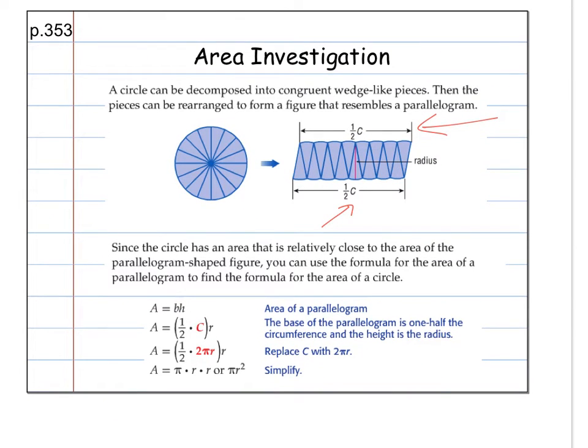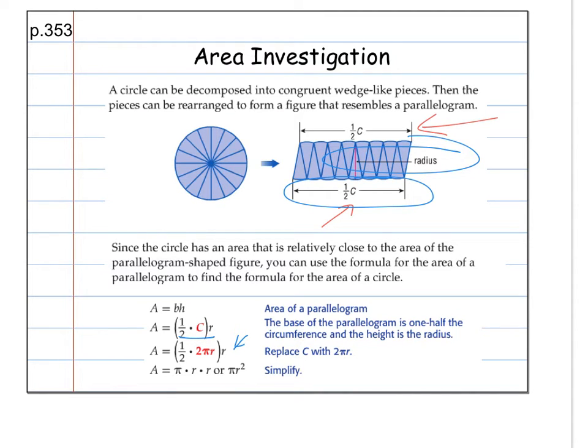So since the circle has an area that is relatively close to the area of a parallelogram, you can use the formula for area of a parallelogram to find the formula for a circle. So this is kind of how it was developed. Area of a parallelogram was base times height. We noticed that the base was half of the circumference. So we replaced that. We noticed that the radius, okay, is on the outside.